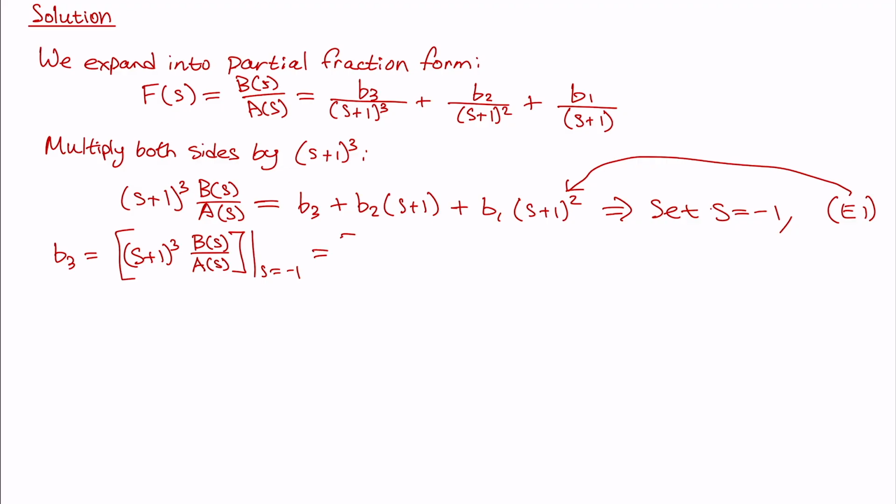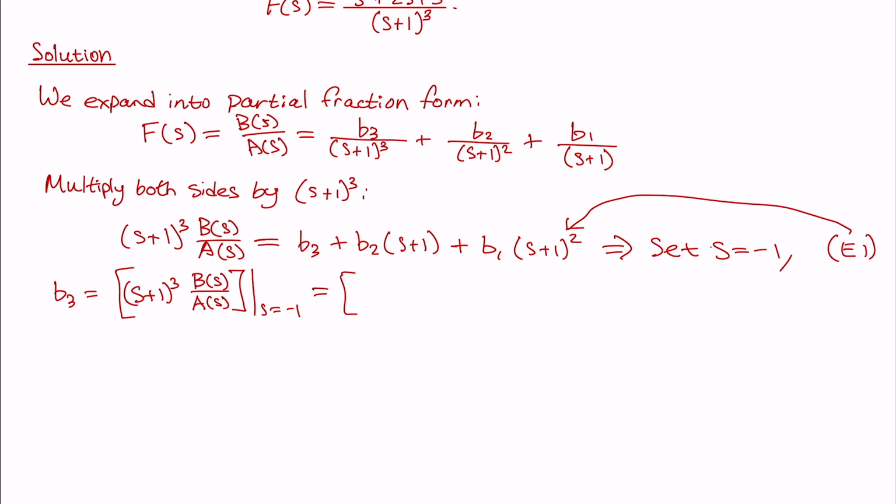Carrying this out, looking at our Laplace transform at the very top, we're going to eliminate the (s+1)^3 in the denominator. And so we'll just get s^2 plus 2s plus 3, evaluated at s equals -1.